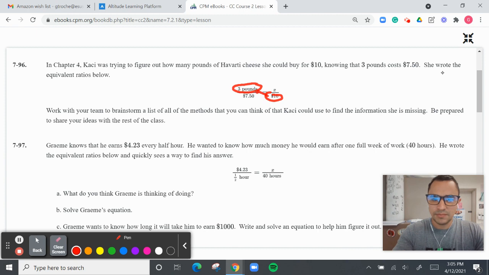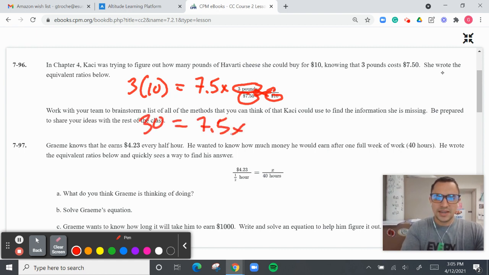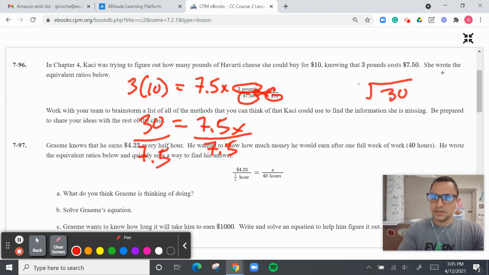All right, so one way we can do this is by cross multiplying. So we have 3 times 10 here, and then this one would be 7.5x. And then that's going to be 30 equals 7.5x, divided by 7.5. And then do a little bit of long division. Move the decimal.